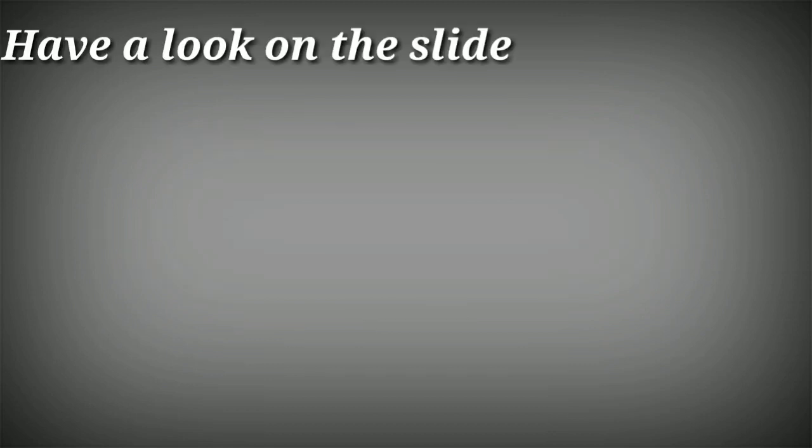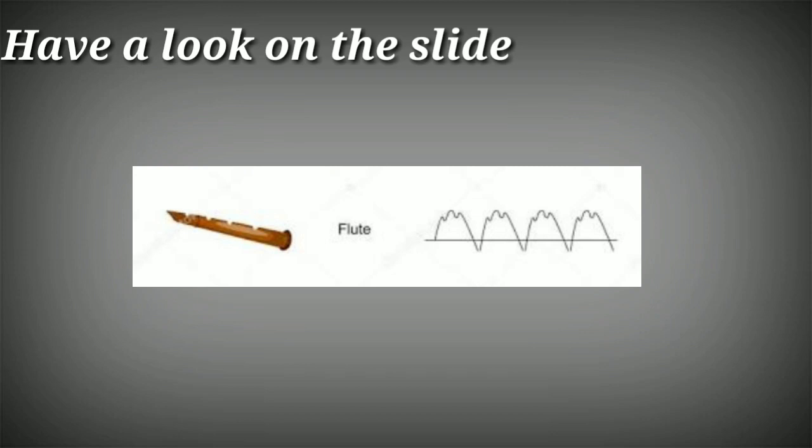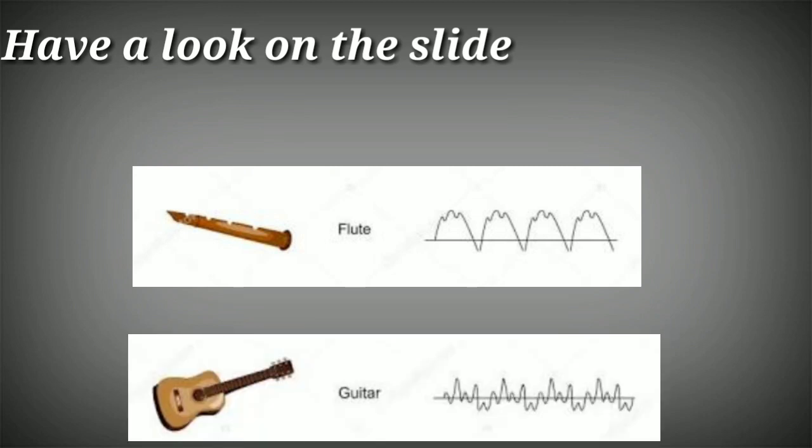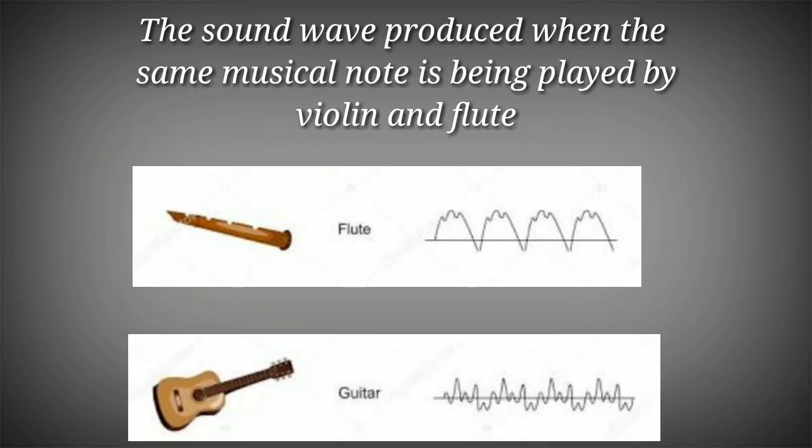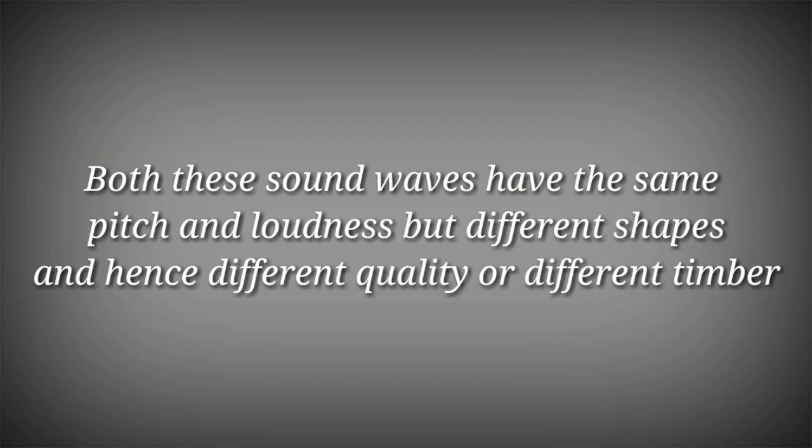Have a look at the slide. I have shown two different waveforms over here, of the sound wave produced when the same musical note is being played by a violin and a flute. Both these sound waves have the same pitch and loudness but different shapes and hence different quality, or different timbre.